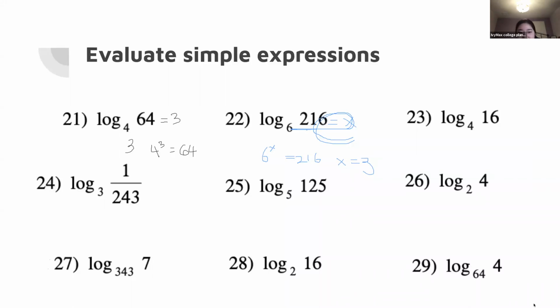Oh, just add on. You can use a calculator if you want.